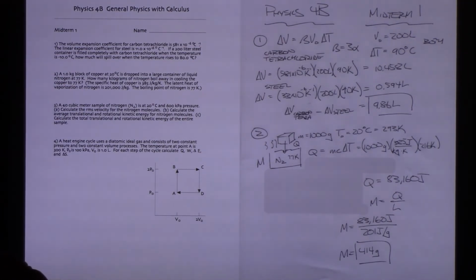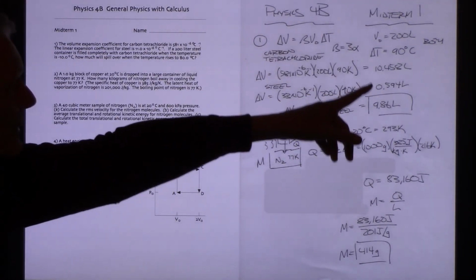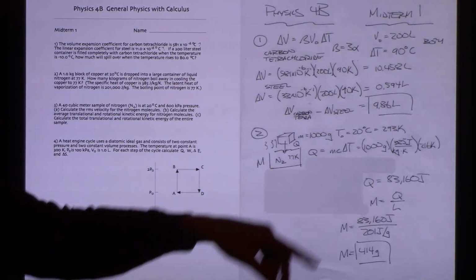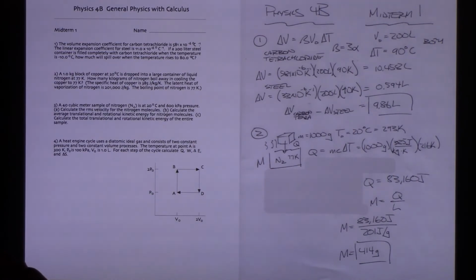I did carry out some extra significant figures just to make sure. If there's a subtraction with the thermal expansion, then we're going to have to be prepared to subtract a couple of numbers.